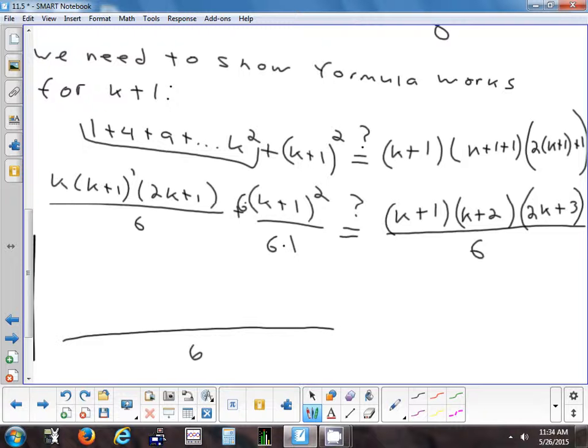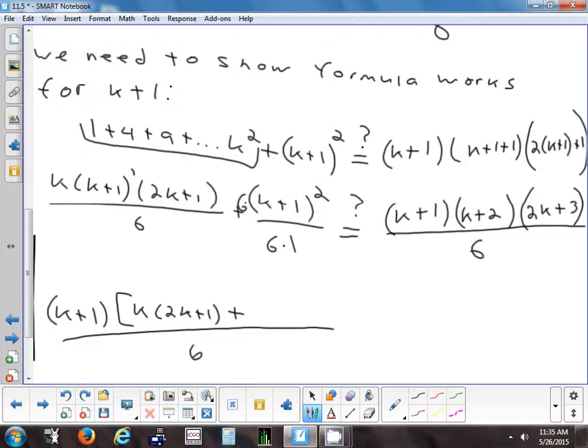So if I factor out a k plus 1, here that would leave me with a k and a 2k plus 1. So we factor out the k plus 1. All I'm left with is a k and a 2k plus 1.